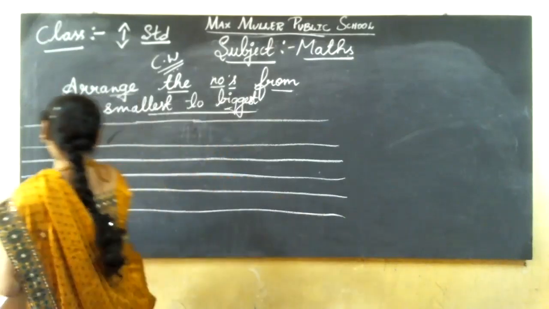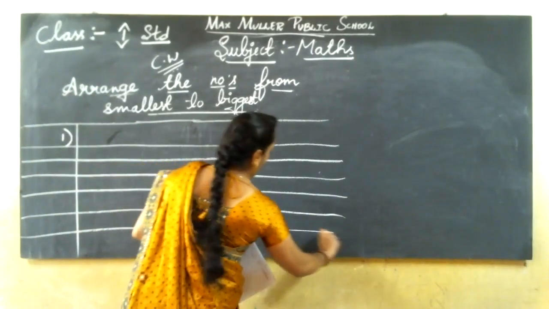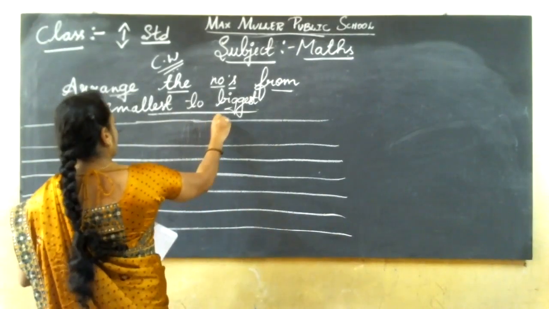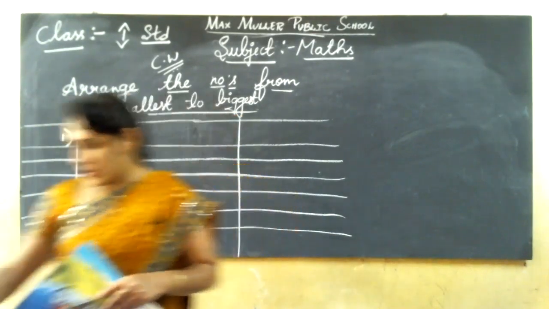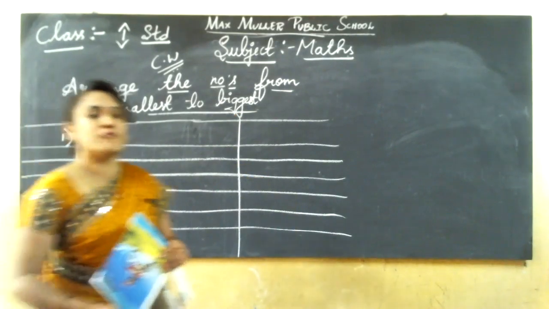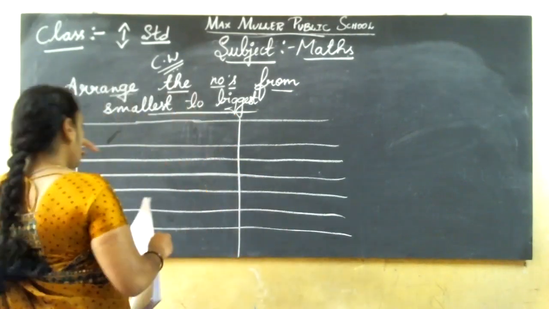You have lines, so you need not draw a line, just write. Okay, shall I start? Leave one line and write, so it will be neat and you will understand well also.